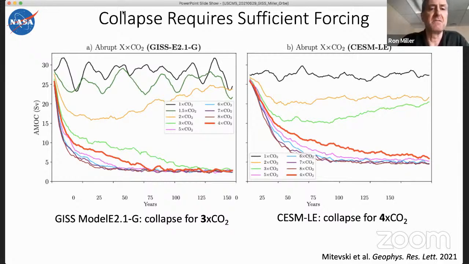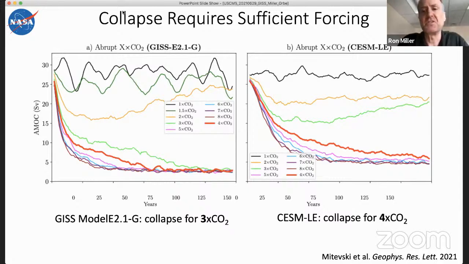So, for example, for the GISS model, if we increase CO2 by a factor of 1.5 or 2, we don't really see any long-term change in the AMOC strength. However, for 3 times CO2, we again see a near collapse of the AMOC.